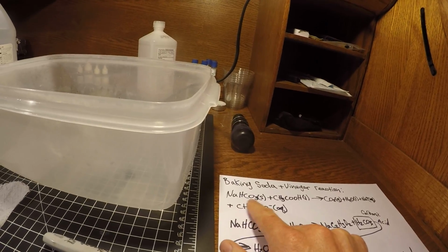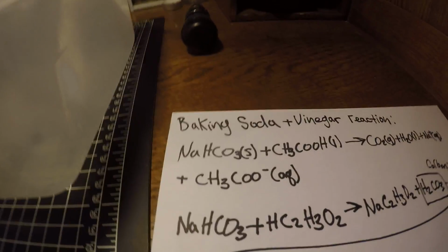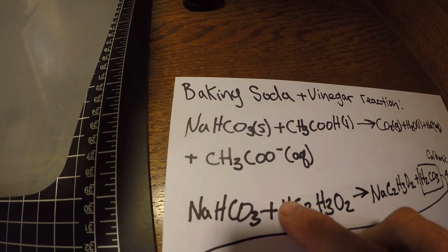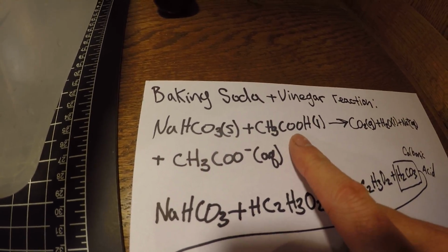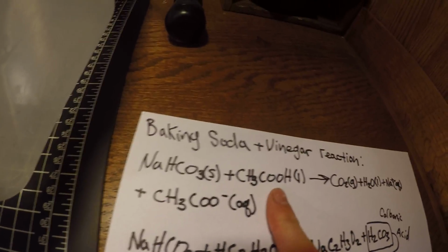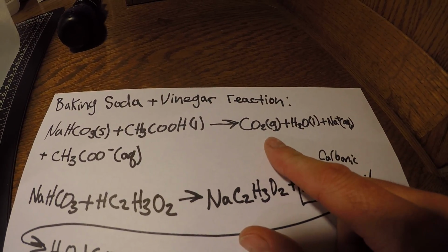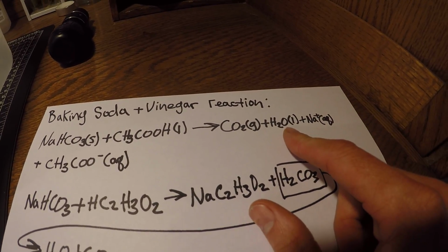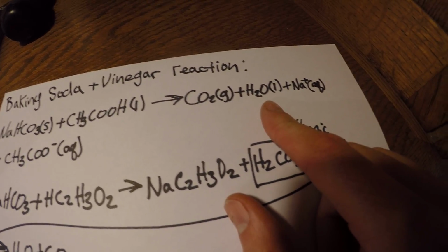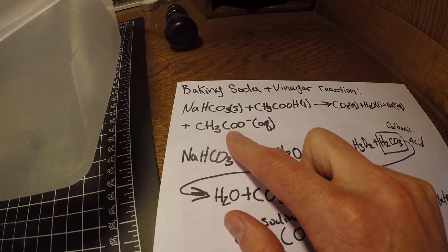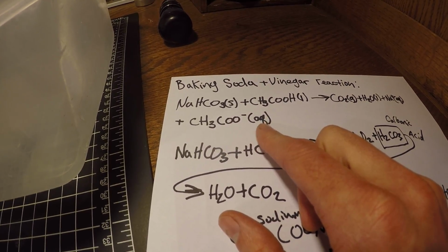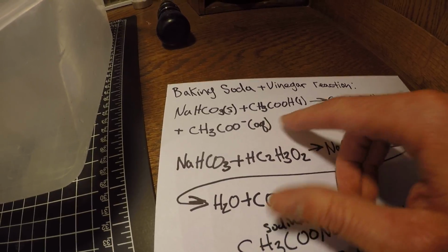What you can see here is, in a solid state, we have our sodium bicarb, our weak acid, and vinegar, and it's eventually going to be produced into a carbon dioxide gas, H2O in liquid form, and some sodium and acetate in aqueous form, the ions.